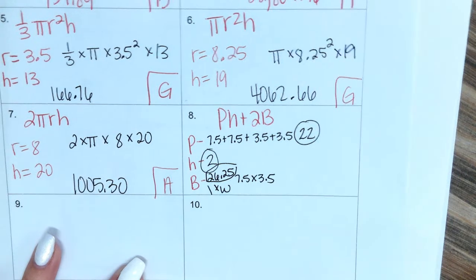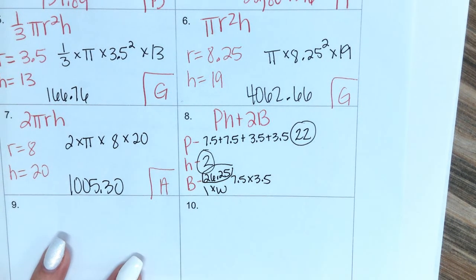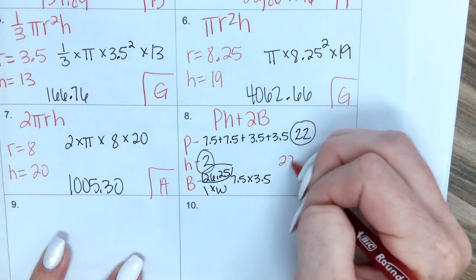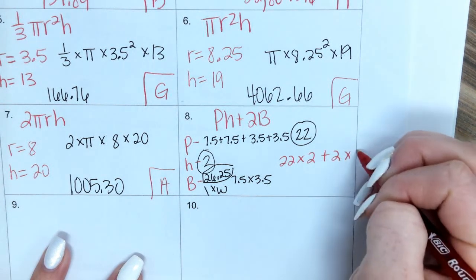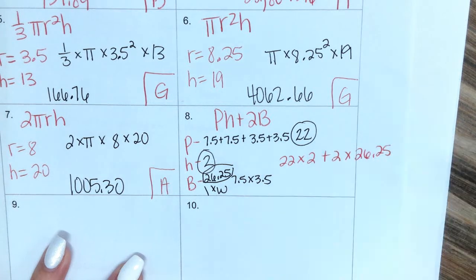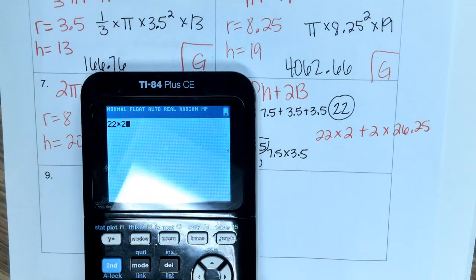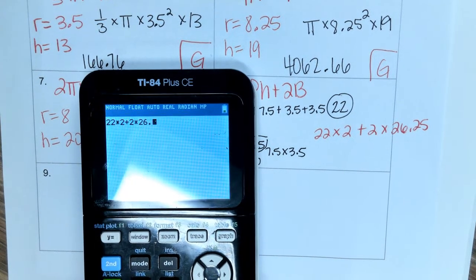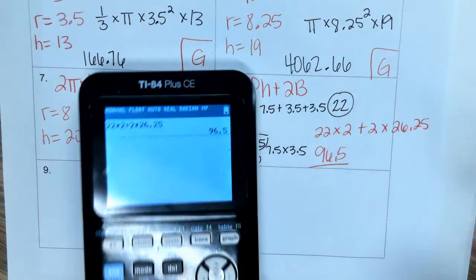Now that I have my P, H, and B, I simply type it into this formula. So P times H plus 2 times B. There's my answer, 96.5.